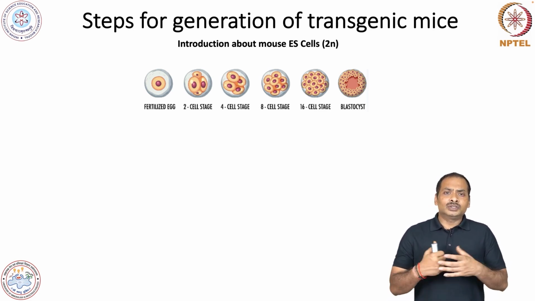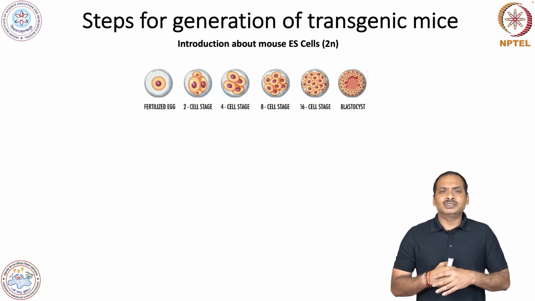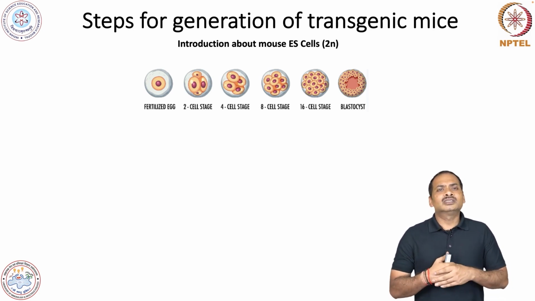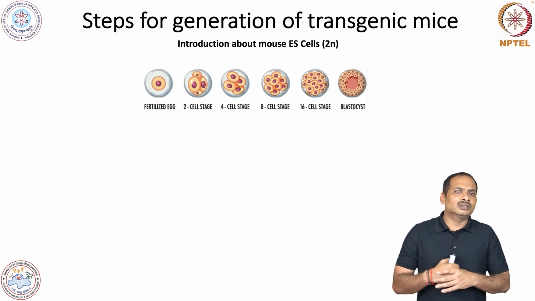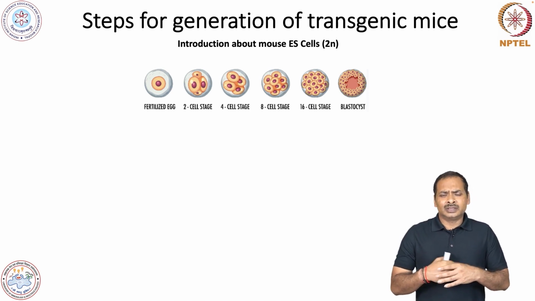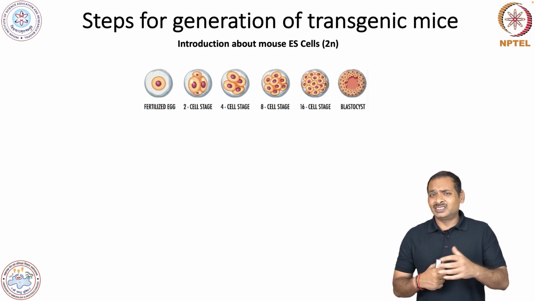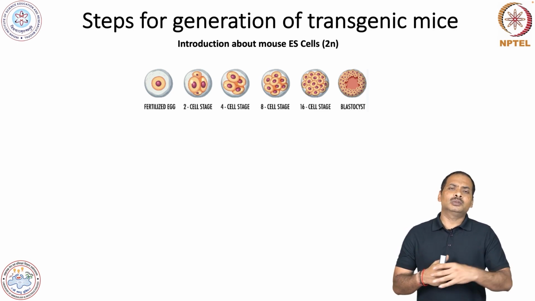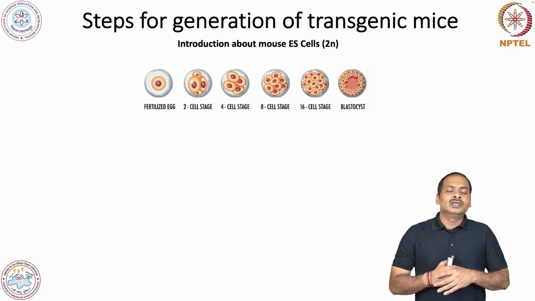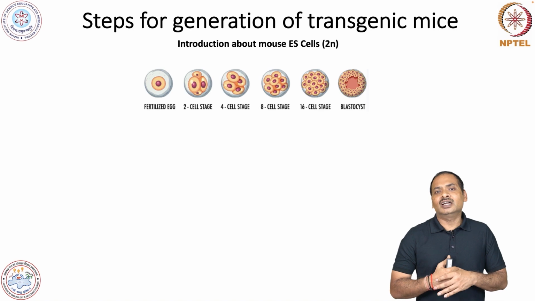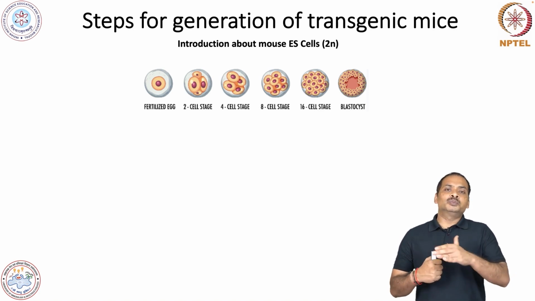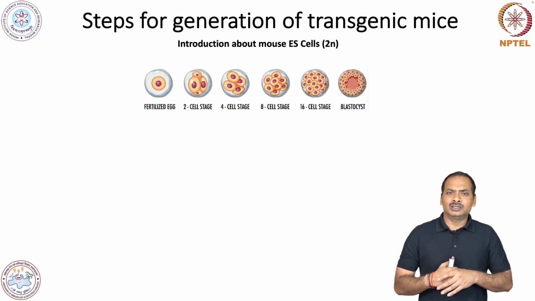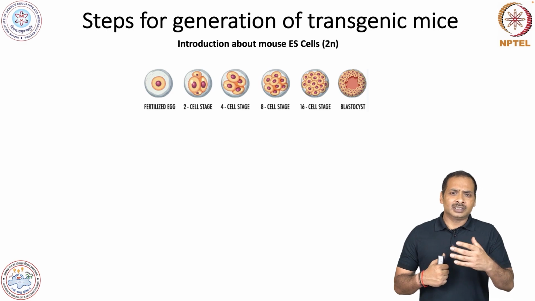After we make these mouse embryonic fibroblast cells, we treat them with some agent which will arrest their cell division, but the cells will be alive. After treatment we put these cells in the dishes, and over there we put the embryonic stem cells.